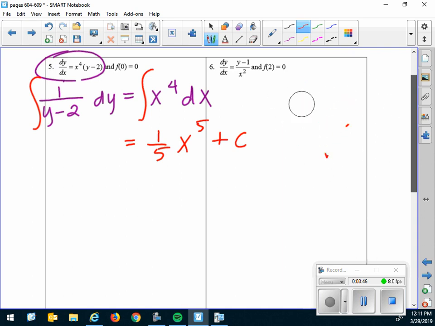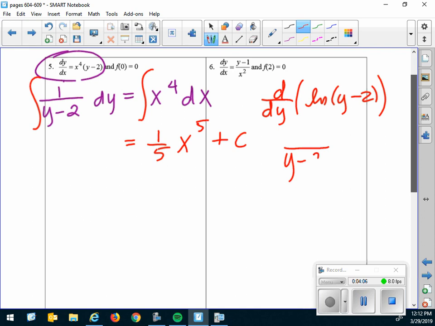What is the derivative with respect to y of the natural log of y minus 2? Well, it's 1 over that times the derivative of that.